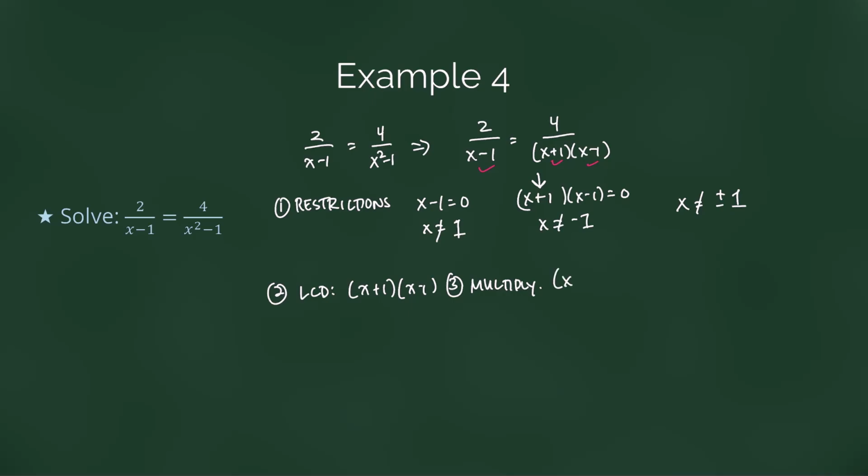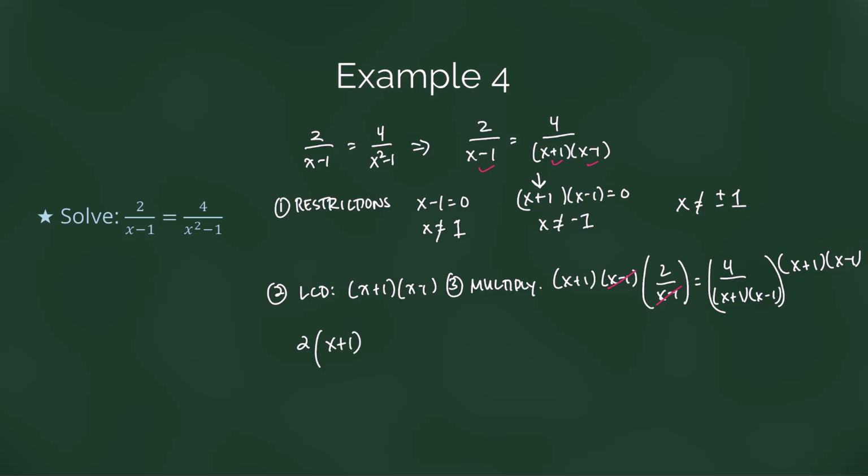So we have x plus 1 times x minus 1 times 2 over x minus 1 equals 4 over x plus 1, x minus 1 times x plus 1, x minus 1. And now we'll cancel. So when we cancel, on the left, the x minus 1's cancel, and we get 2 times x plus 1.